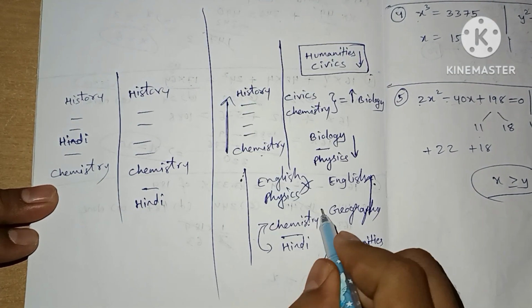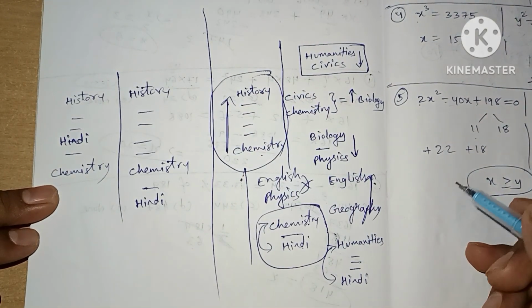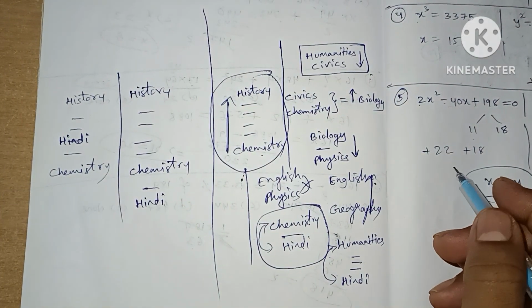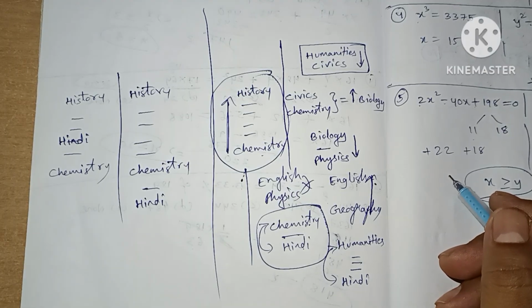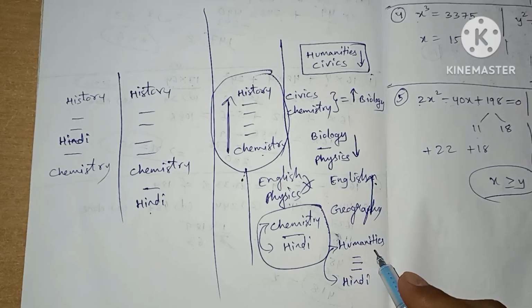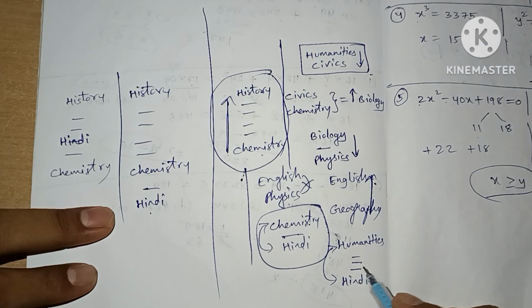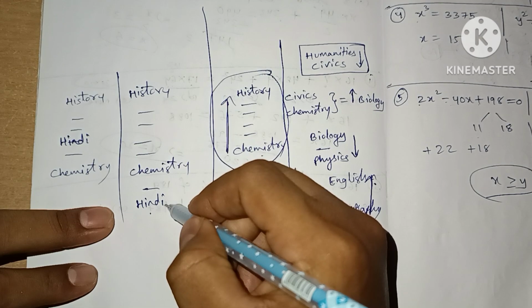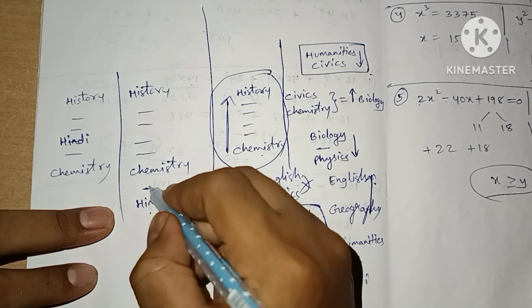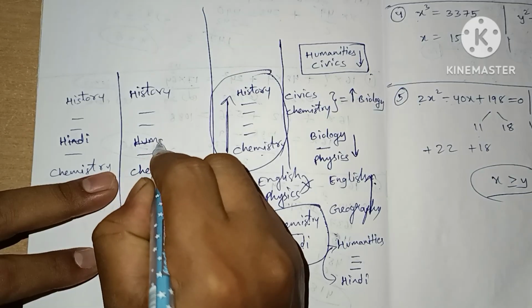We have completed this part and this part. Next we need to see Hindi, then we have humanities. Here Hindi and humanities, in between there are 3 books. It is nearer to number 9, so the humanities will be in this place.